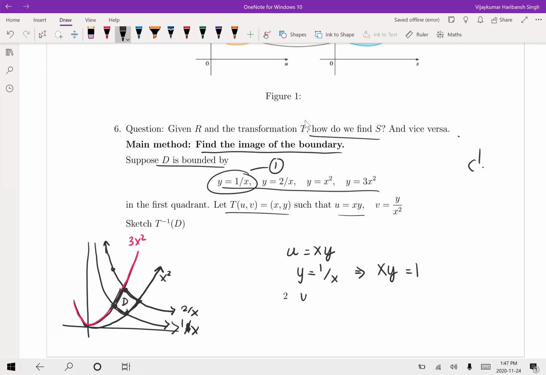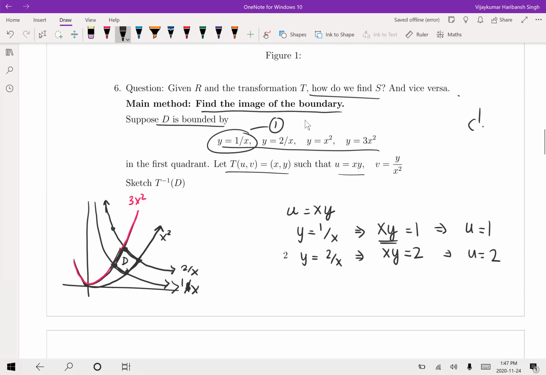Similarly, the second one, y equals 2 over x, gives xy equals 2. This is the same as u, right? So u equals 1, and u equals 2. That's already looking nice, because u equals 1 and u equals 2 are straight lines.